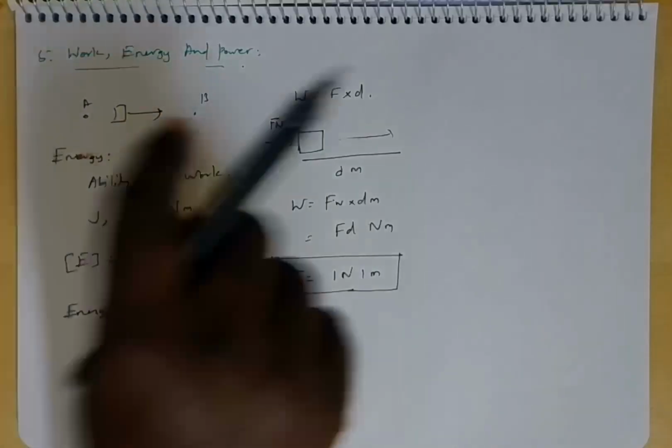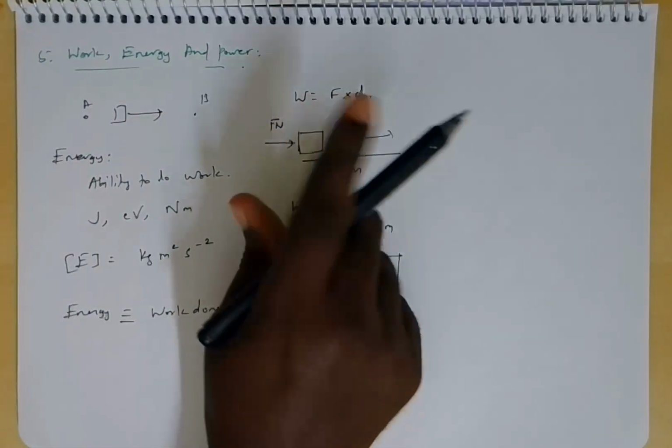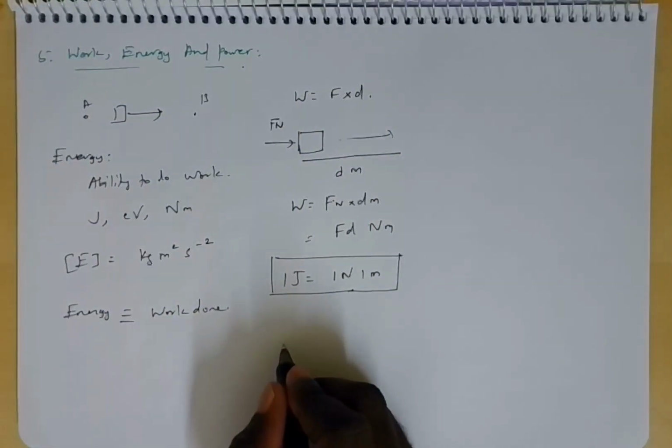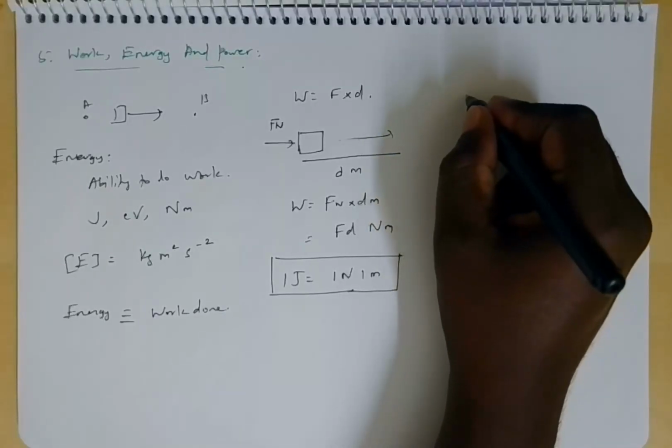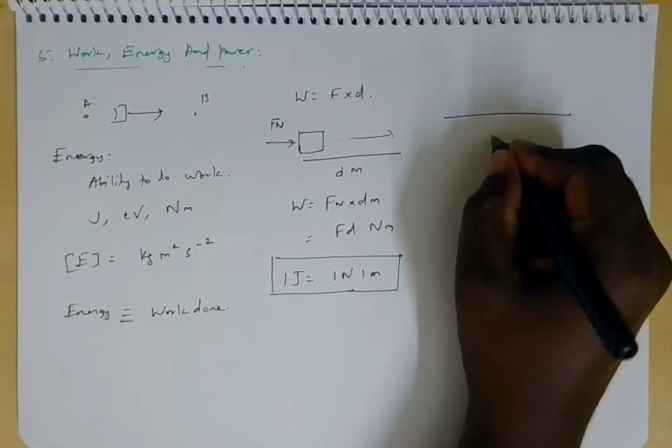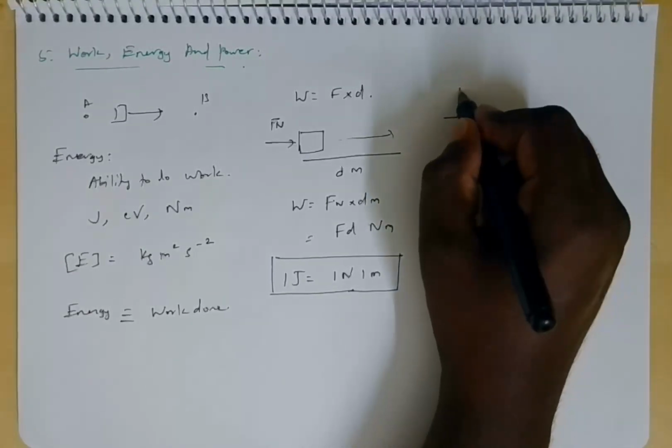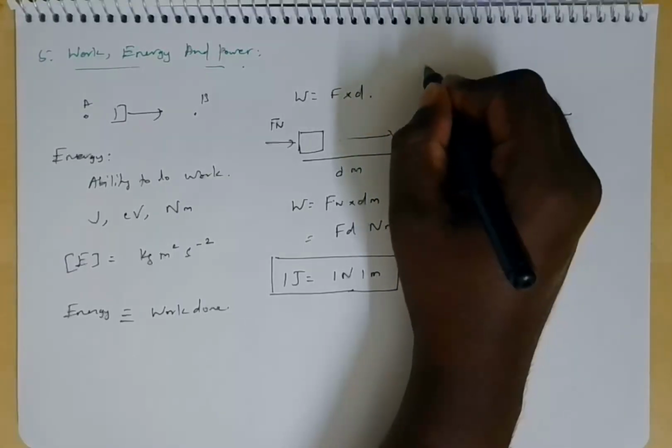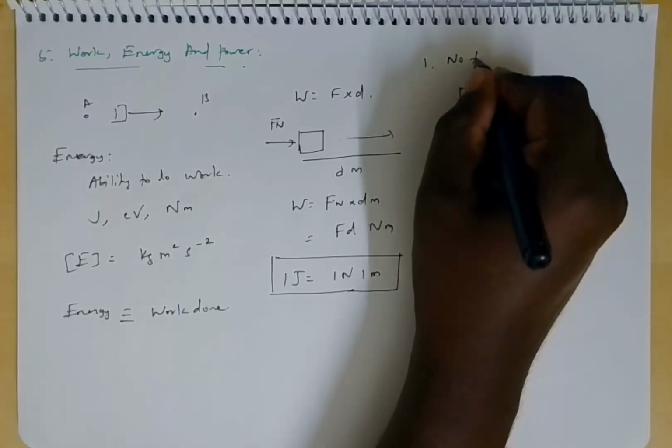For example, let's say that I gave 5 Newton force. We'll do a small example: here is a distance of 10 meter, and here is a box. In case one, no friction.